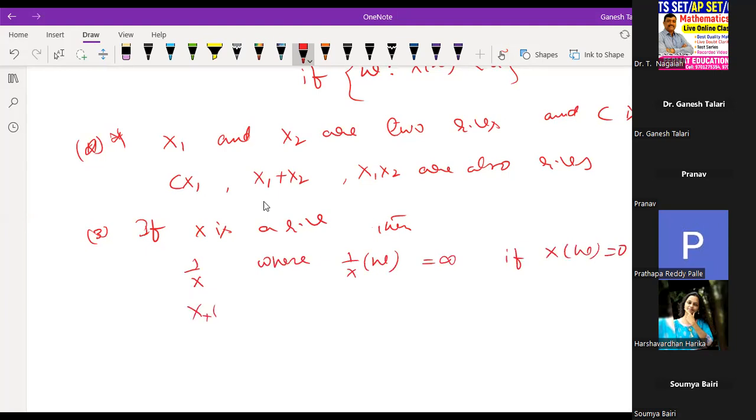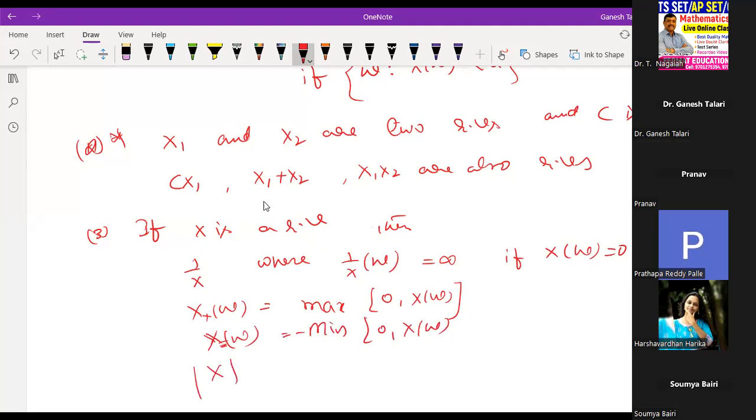Or you can write X plus of omega is equal to maximum of 0 comma X of omega, and X minus of omega you can write minimum of 0 comma X of omega. Even mod X also is a random variable, you can write.